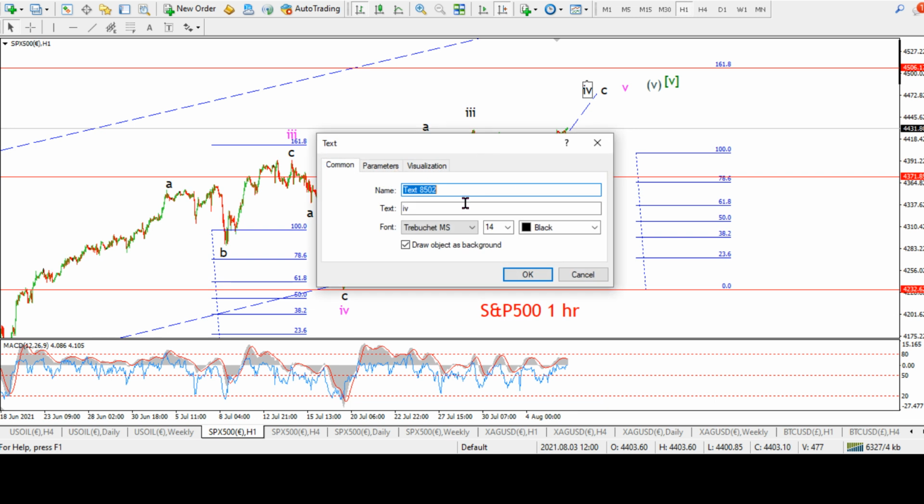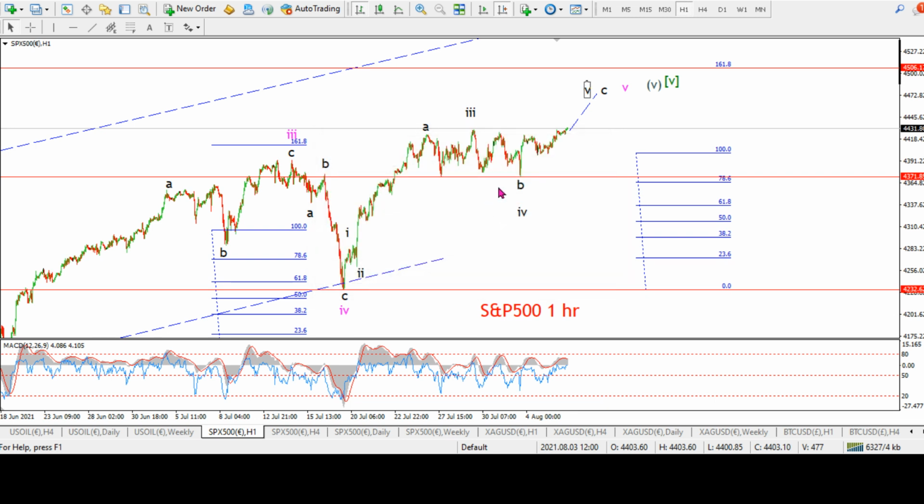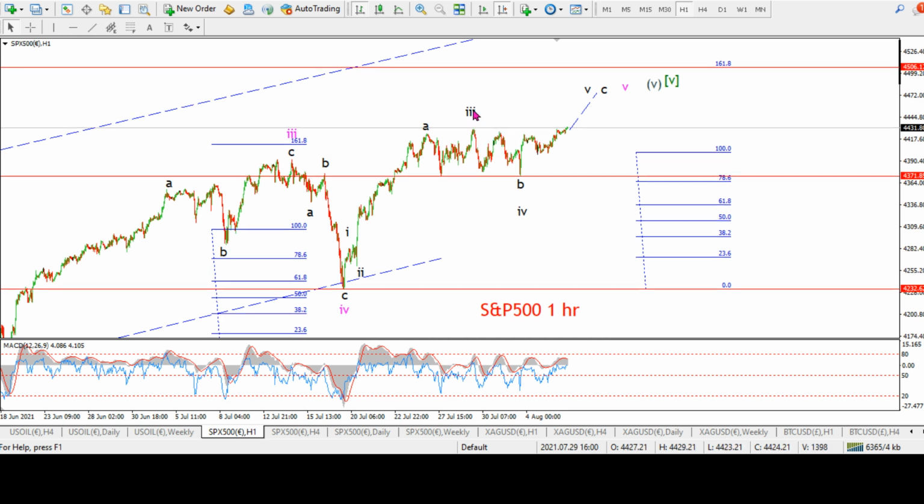So this is what the 5-wave scenario would look like. So we've got a wave 1 and 2, an extended 3rd wave. So you could go wave 1, 2, 3, A, B, C, maybe a triangle 4th wave. Actually, you could go A, B, C, D, E. Maybe that's a struggle actually.